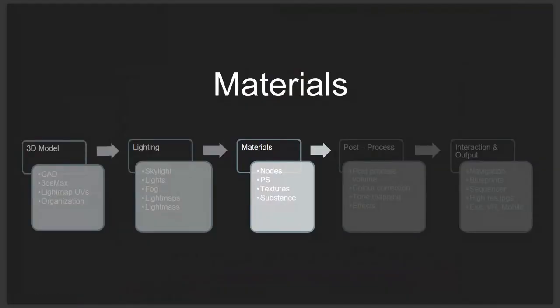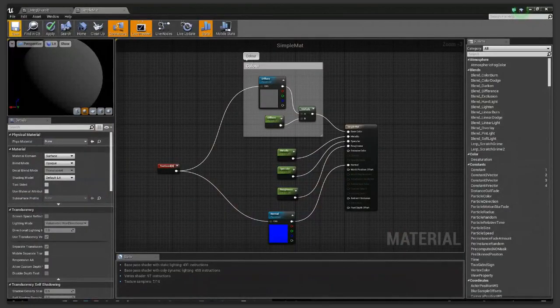So materials, a lot of new things in there. First of all, the new node-based material, so we don't even have the simple version that we had in 3ds Max. No, this is it.